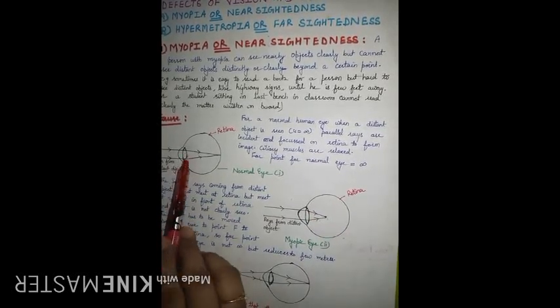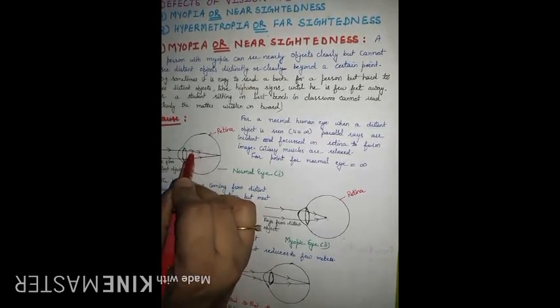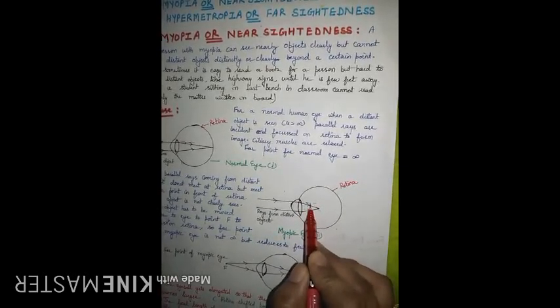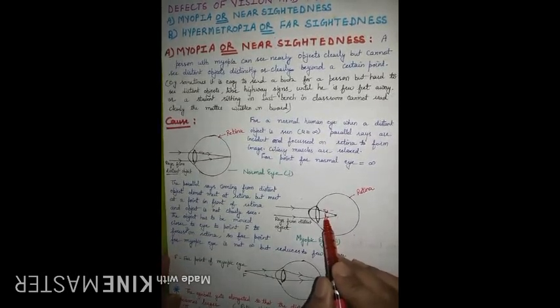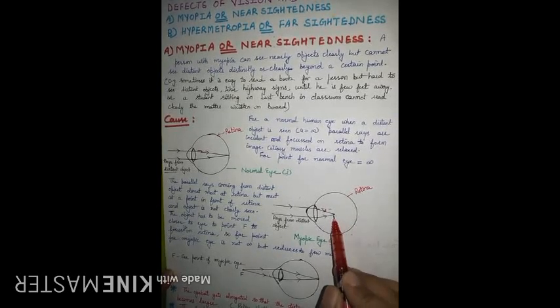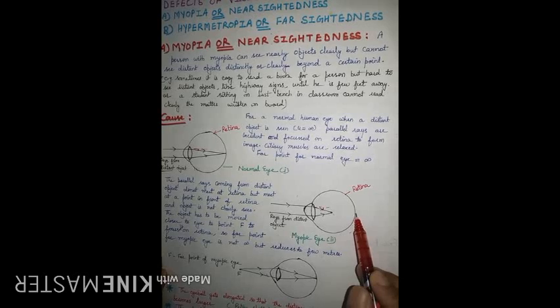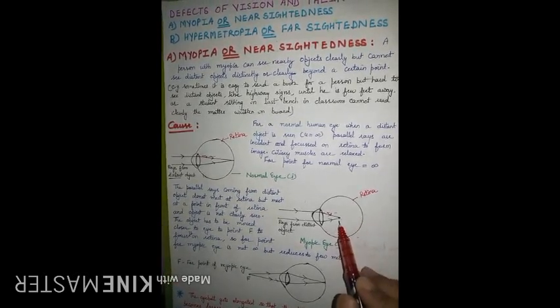We need bending by this much amount only. This is the direct path. So this much bending we need. But here bending is taking place by this much amount. And due to the large amount of bending, due to large refraction produced, these rays will meet here. These rays will not form an image on the retina. So we will not be able to see a clear image, or the image will be blurred.